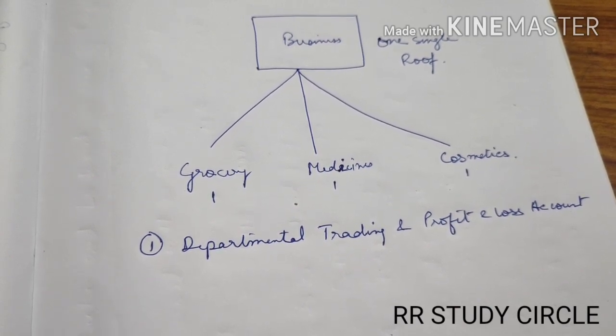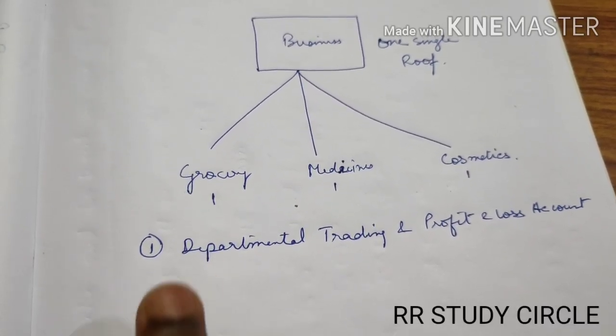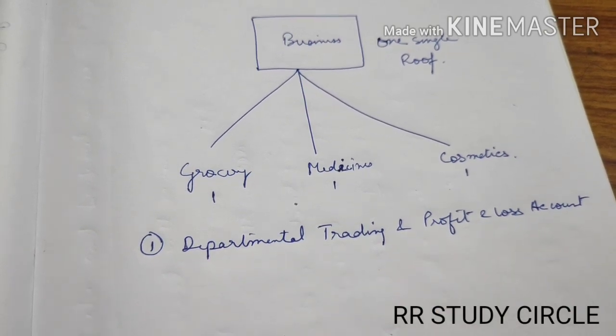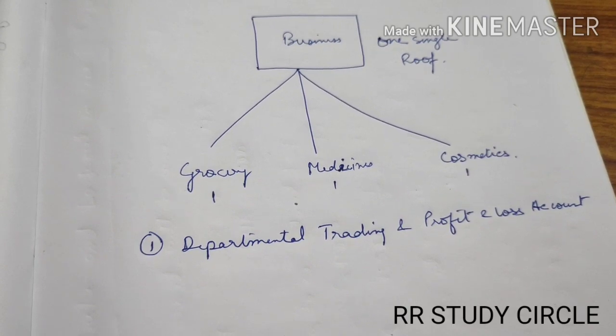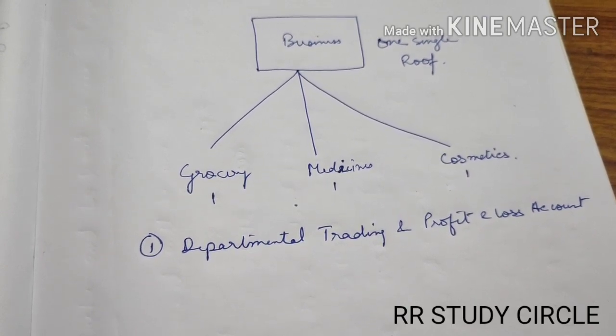How this account is to be prepared, we will discuss. And remember one thing, here we do not prepare any balance sheet for individual departments, whereas the balance sheet is to be prepared on an overall basis. Clear? Only one balance sheet is prepared on an overall basis.